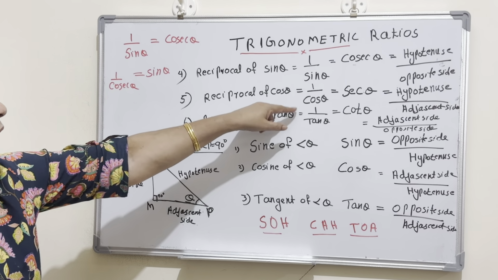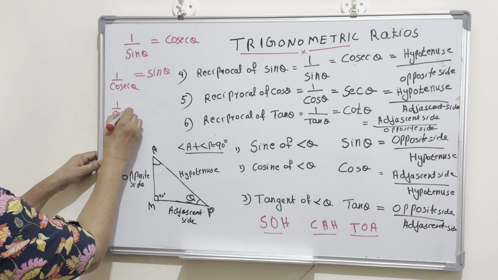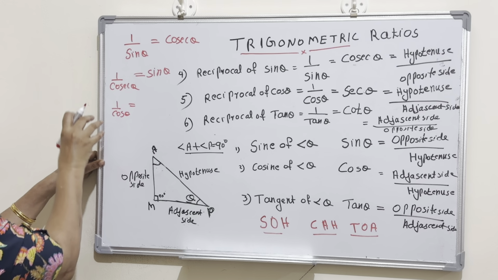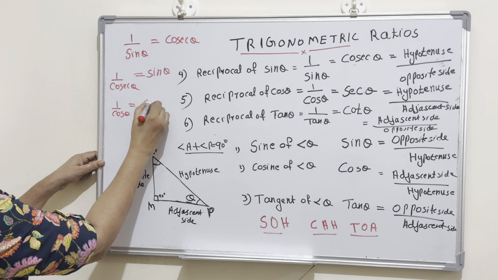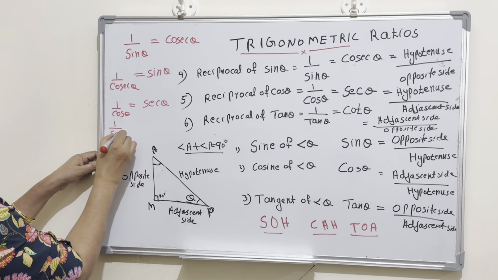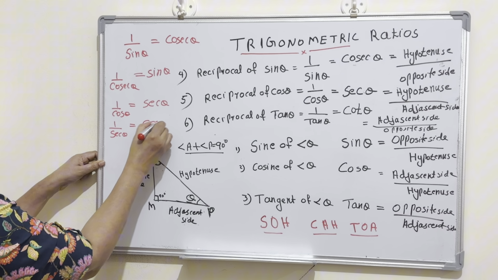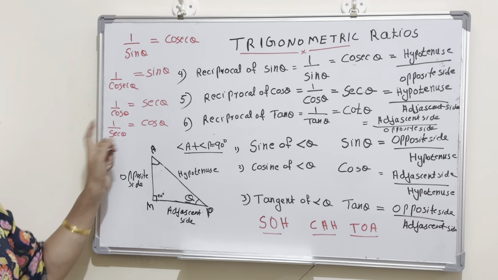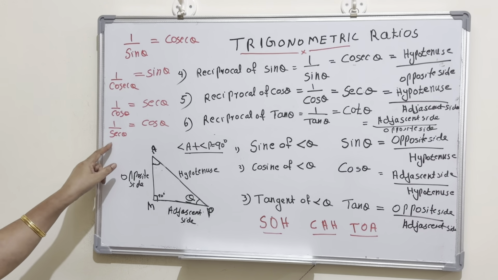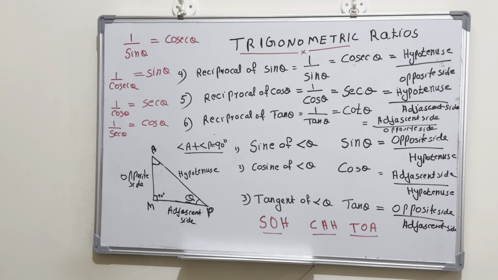Same way, 1 by cos theta means the reciprocal of cos theta, that is sec theta. So I can write 1 by sec theta is equal to cos theta. We can switch like this: 1 by sec theta is equal to cos theta, 1 by cos theta is equal to sec theta. Mutually they are reciprocal.